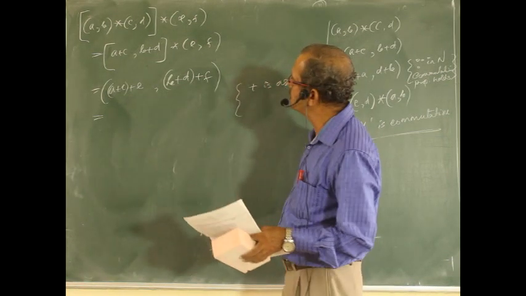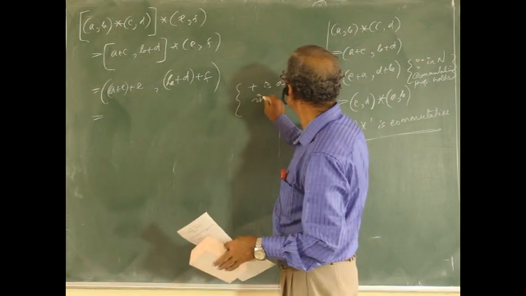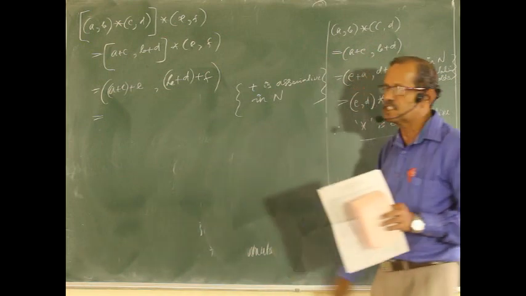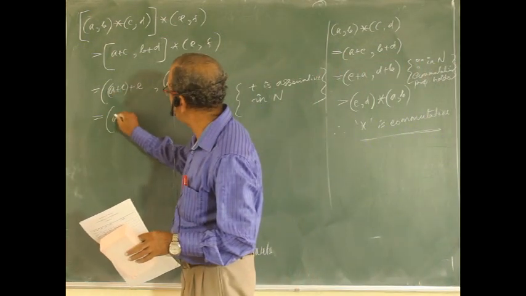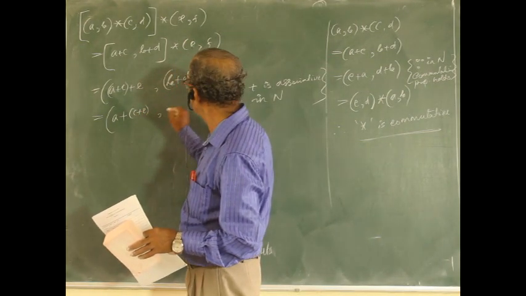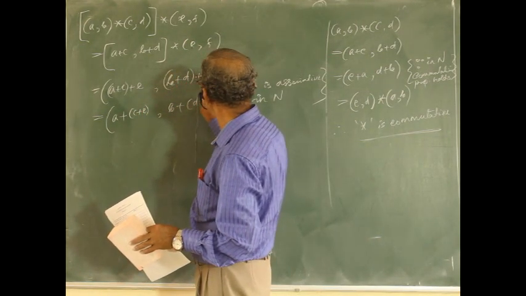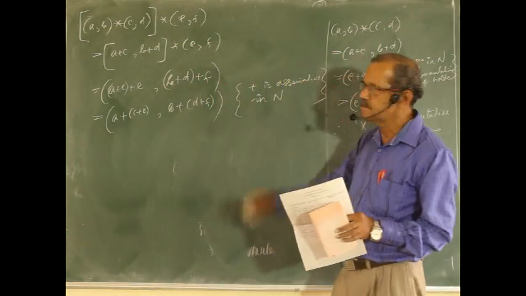Associative property holds good in which set? In N, set of natural numbers. Therefore, you can write this one as a plus c plus e, b plus d plus f, because associative property is satisfied in N.